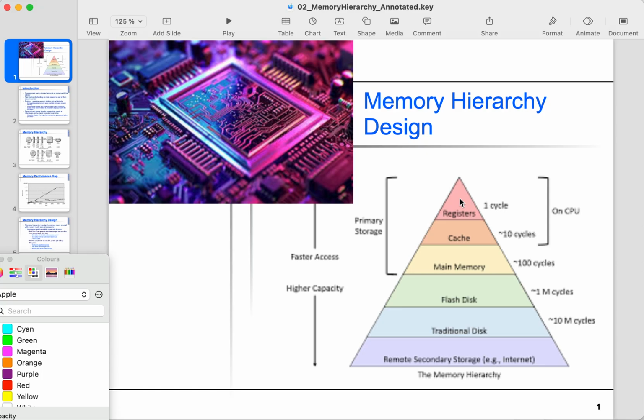As we can see here, the registers are on the top of the pyramid. That is the fastest memory that we can have available, that is directly accessed by the CPU, and it is within the CPU, and that is why it is faster and easier to access.